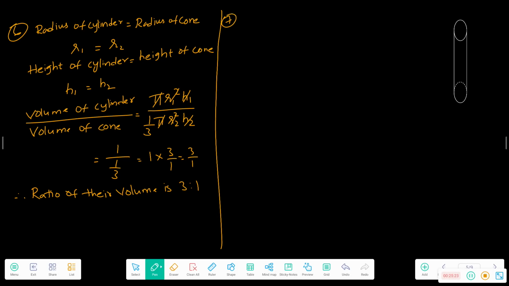Here the solid iron rod is in the shape of a cylinder.